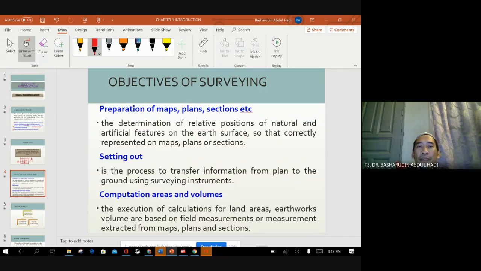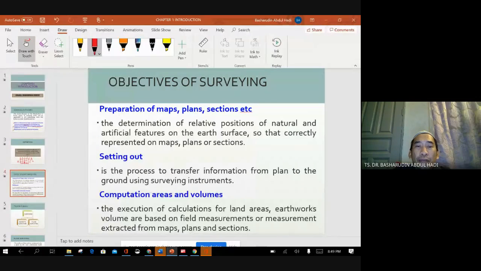Next, the objective of surveying: preparation of maps, plans, and sections. What kind of maps? We want a contour map because we want to know the cut and fill. What about plans? We need a building plan, because a building plan is normally on site, on earth. So we want to know the plans, and the site must be in good order.